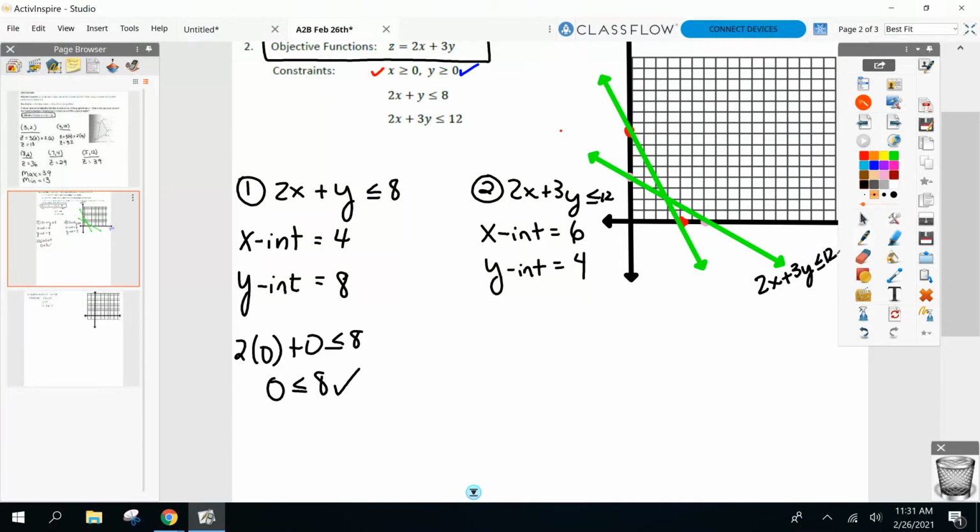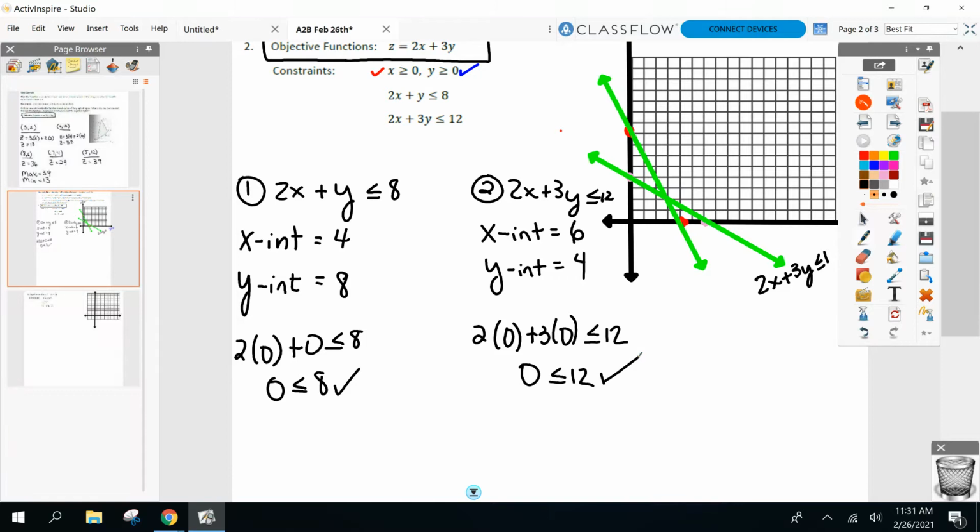Now test 0, 0 for this last inequality to see if I have to shade to the left or to the right of it. Let's see, 2 times 0 plus 3 times 0. Is that less than or equal to 12? 0 less than or equal to 12? Yes, sir.